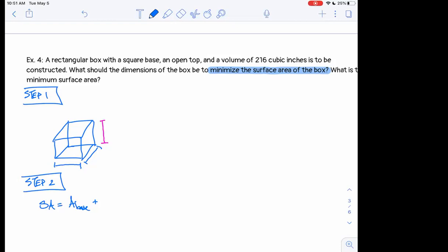Same. Yeah, they are all going to be the same. And I have 4 sides. So I'm going to say 4 times the area of each side. So surface area is going to be area of the base plus 4 times the area of the side.